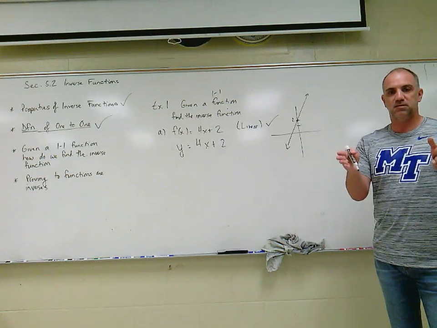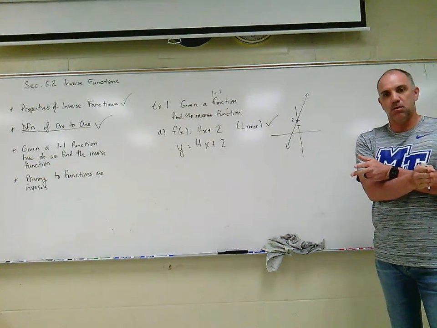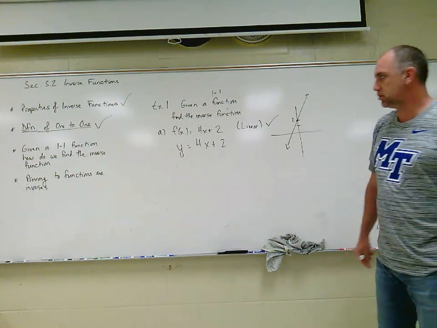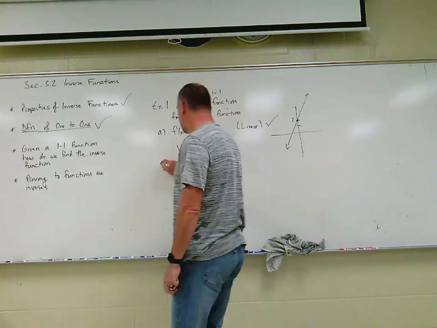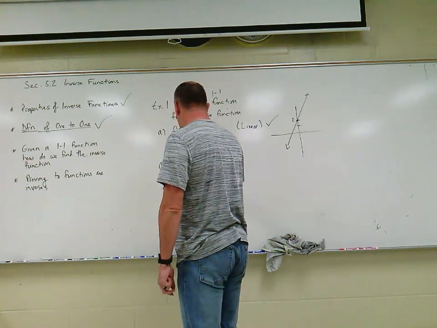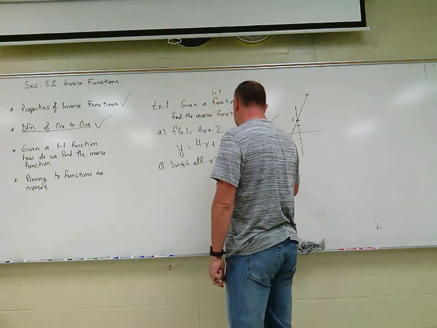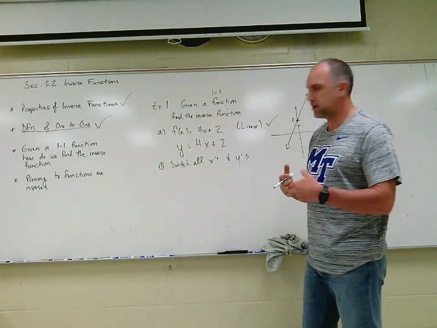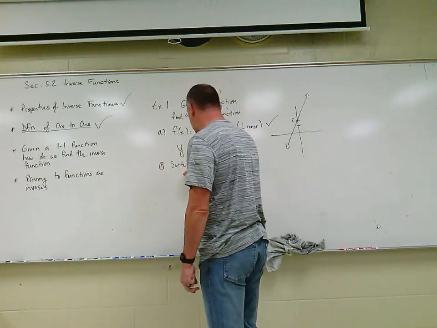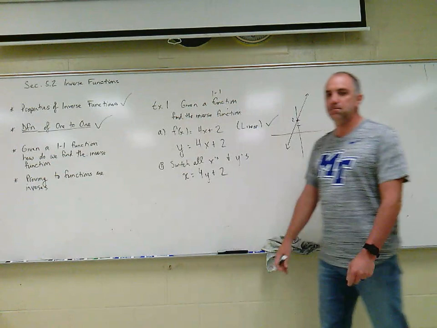The x's and y's on one function switch and become the y's and x's for the other one. So the first step, when we want to find the inverse, is to switch all x's and y's. So I'll write x equals 4y plus 2.